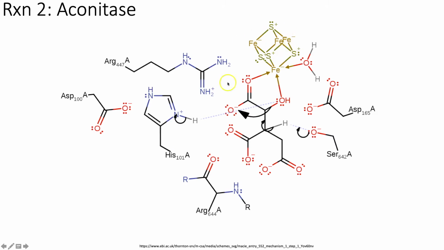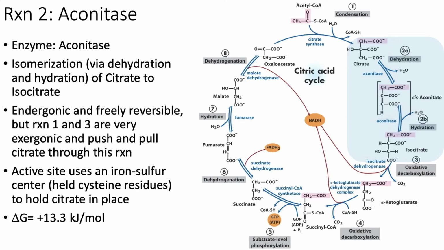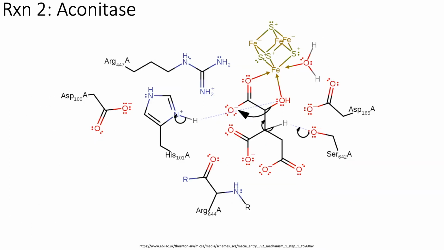And the active site has something we're going to see in the future, an iron-sulfur center. We're going to encounter a lot of iron-sulfur compounds when we get to next week's talk, the electron transport chain, so I wanted to expose you a little bit to this.